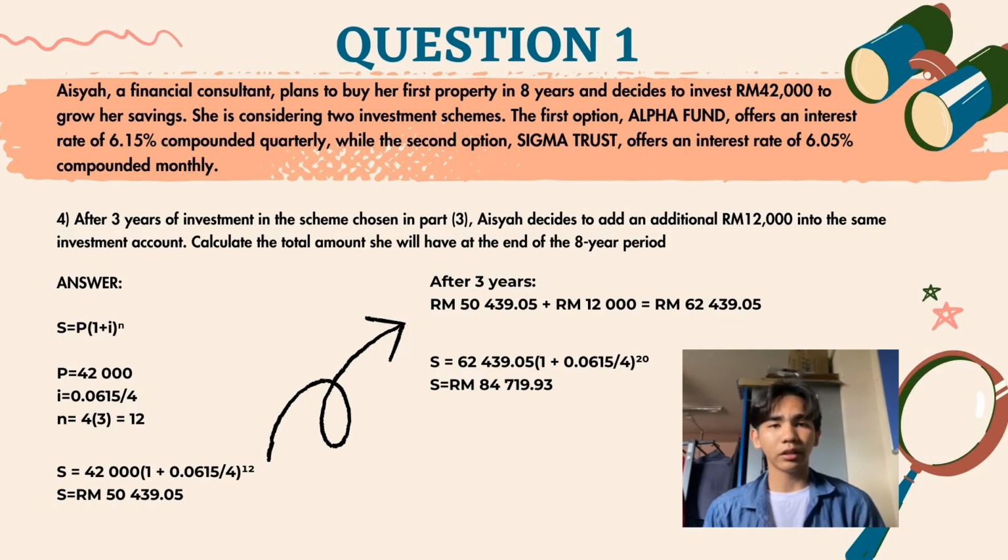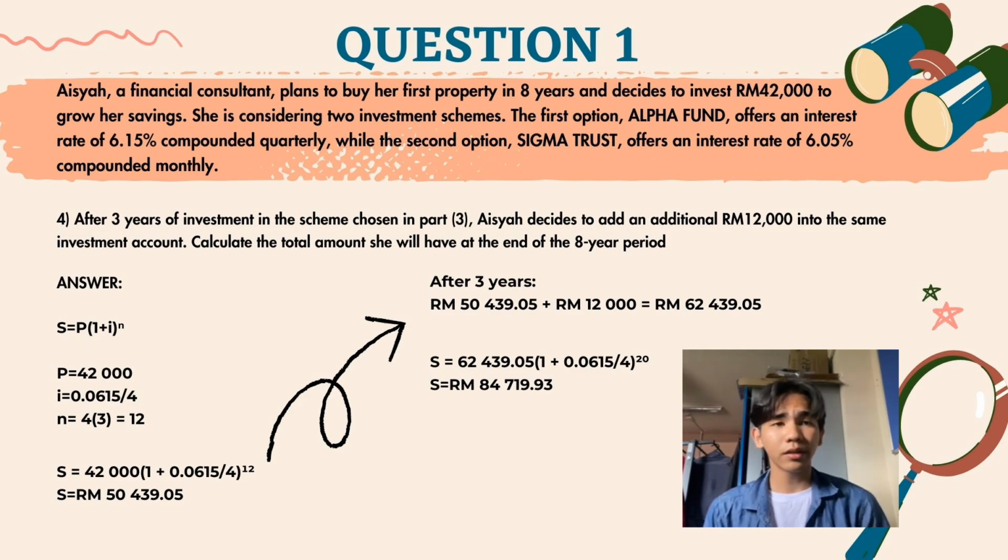Substituting it in the equation, you will get 50,439.05. Then we need to add 12,000 ringgit, and your answer should be 62,439.05. Next, we need to calculate the rest of the years. We have another 5 years.